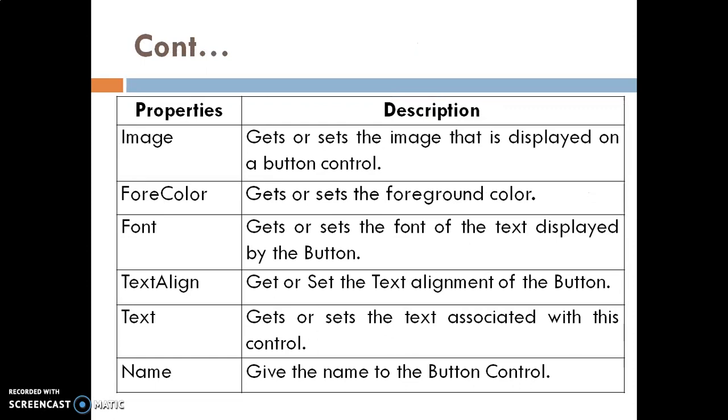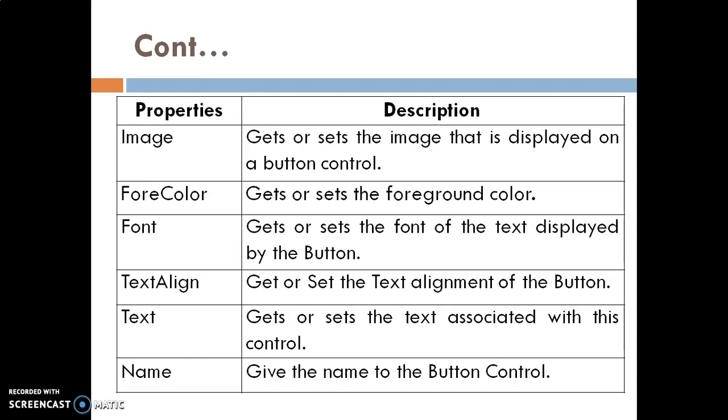Now next property is image. It is used to get or set the image that is displayed on a button control. Now next property is fore color. It is used to get or set the foreground color. Now next property is font. It is used to get or set the font of the text displayed by the button control.